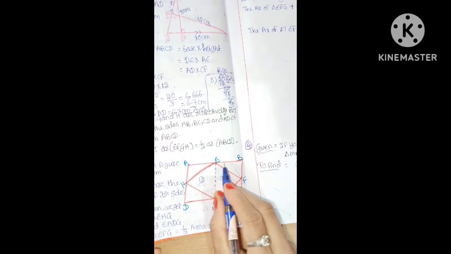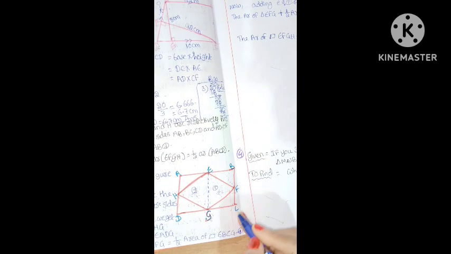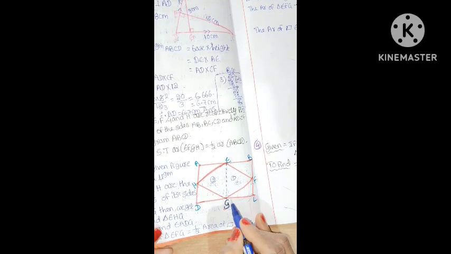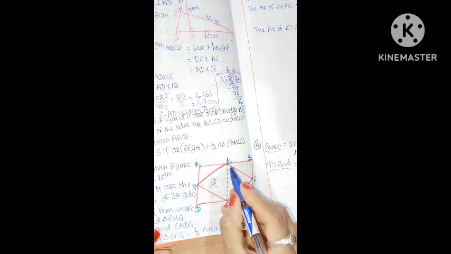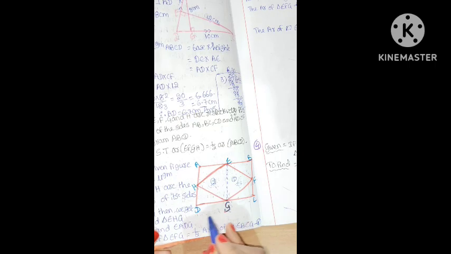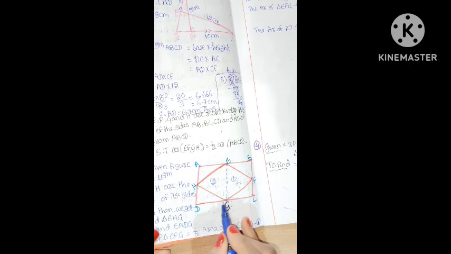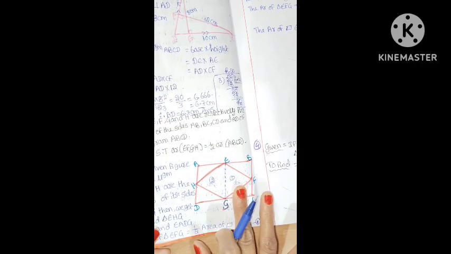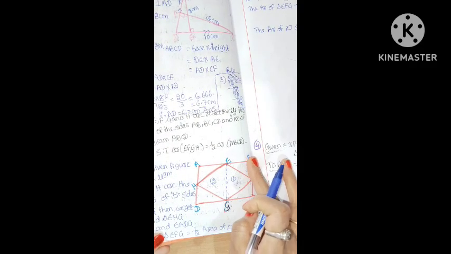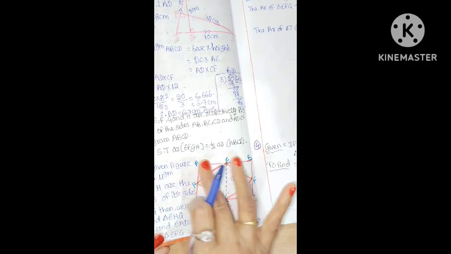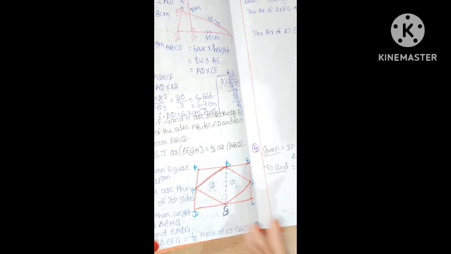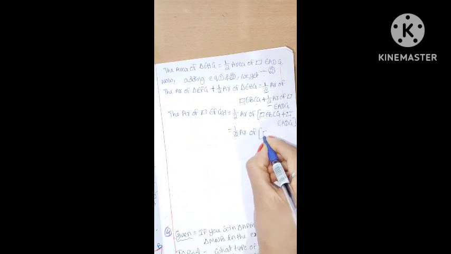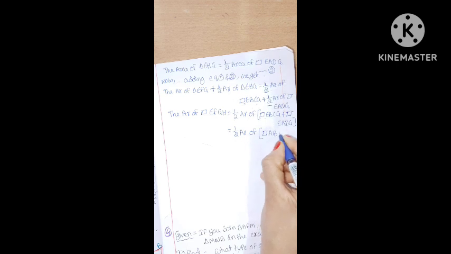The sum of EBCG, this parallelogram area, plus EADG, this parallelogram area. The sum of these two. What will we get? We will get the area of parallelogram ABCD. So, parallelogram ABCD.